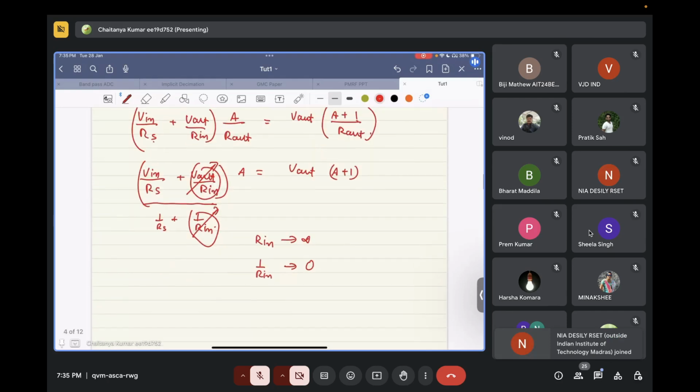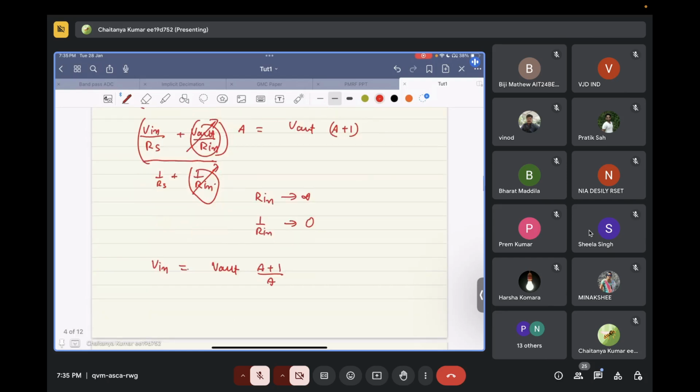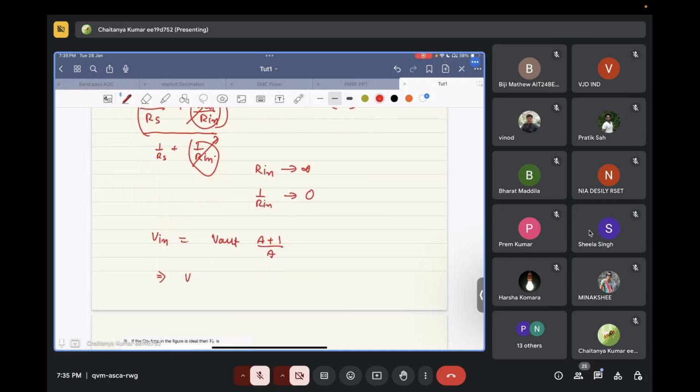What we have at the end is V in is equal to V out times A plus 1 by A, or V out by V in is equal to A upon A plus 1.